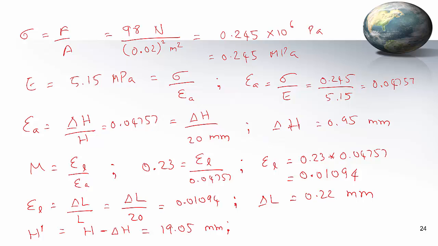The new length is equal to the length plus delta L, which is equal to 20.22 millimeter. Because the breadth direction is the same, you should get the same dimension. So the dimensions of the deformed cube will be 20.22 by 20.22 by 19.05.